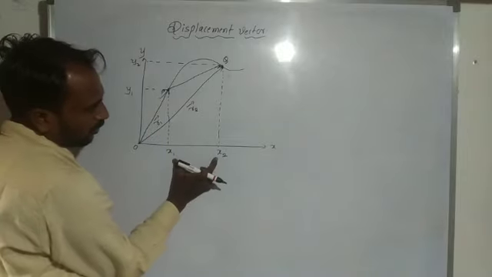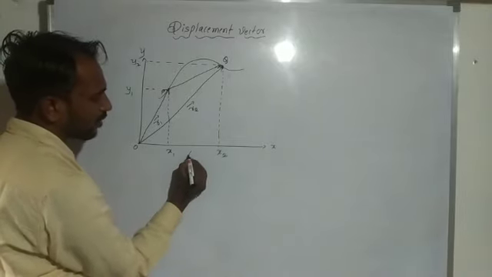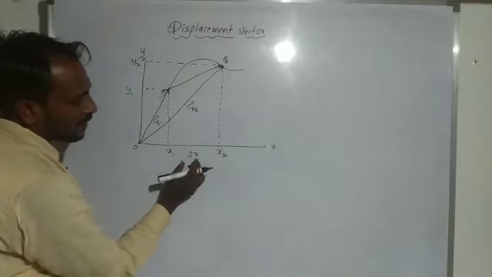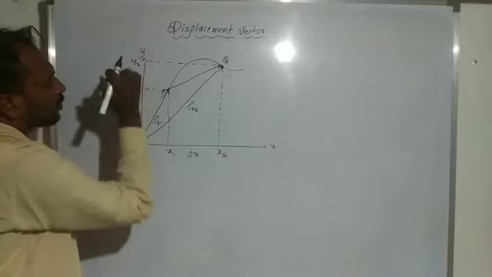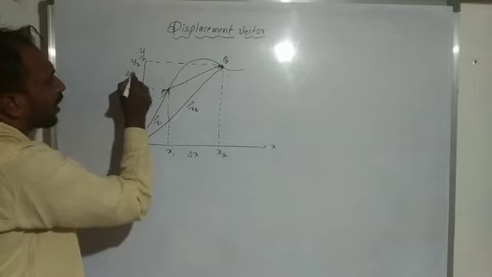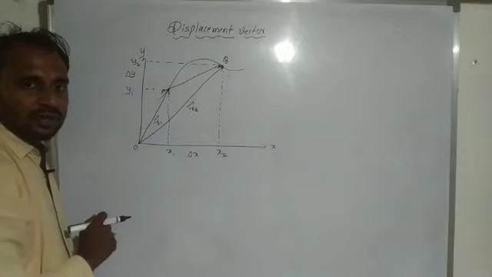The difference between the positions, delta x, is equal to x2 minus x1. And delta y means y2 minus y1.